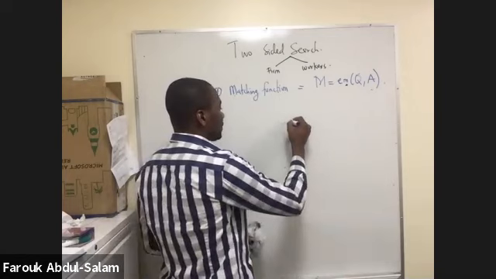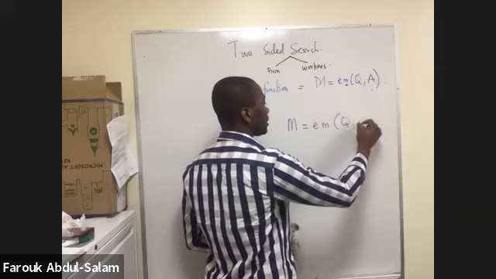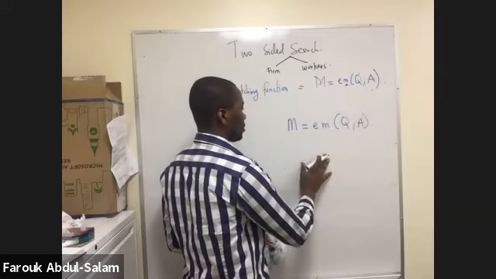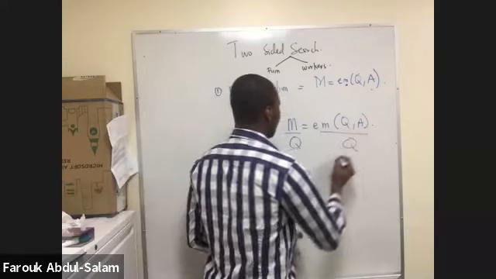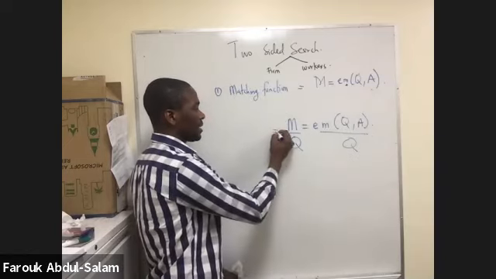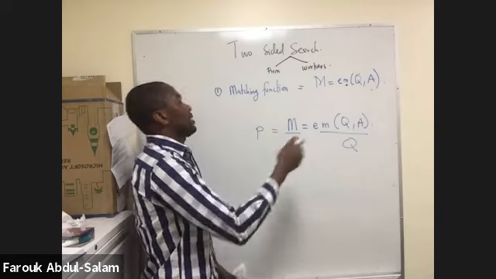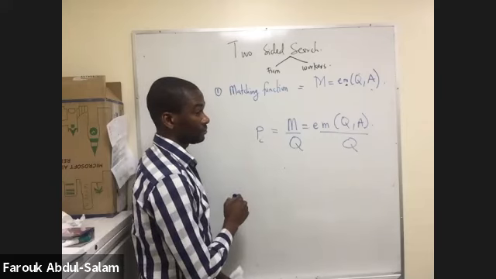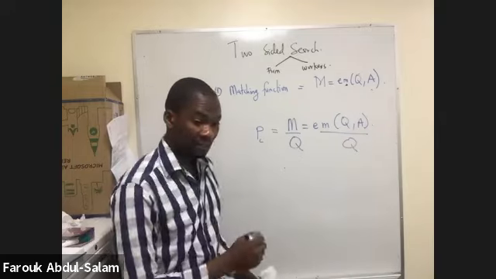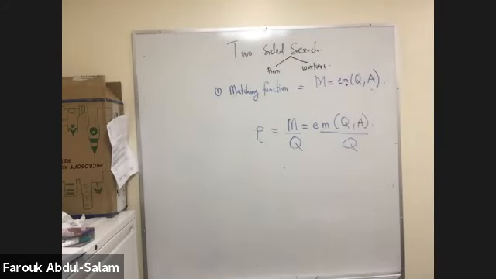So imagine a matching function M, which depends on the number of Q and the number of A. We can divide this by Q and divide this by Q. This here will give you the probability of having a job as a worker. So you tend to see P of C here, the probability of a worker getting a successful match from the worker's perspective.